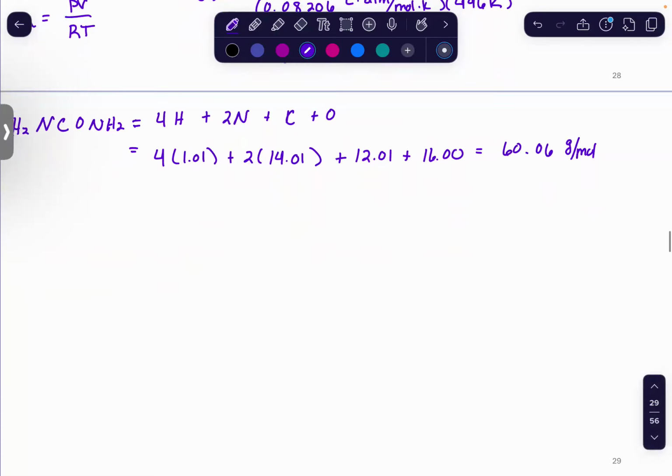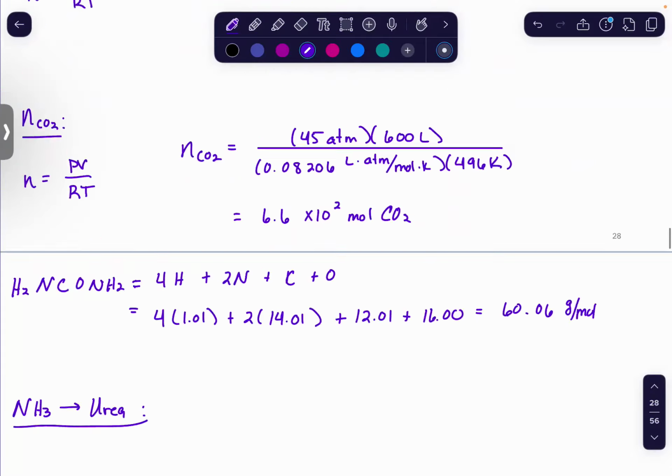Okay, now we're going to check each reactant. NH3 to urea. All right, so my moles of NH3, 1.1 times 10 to the third.